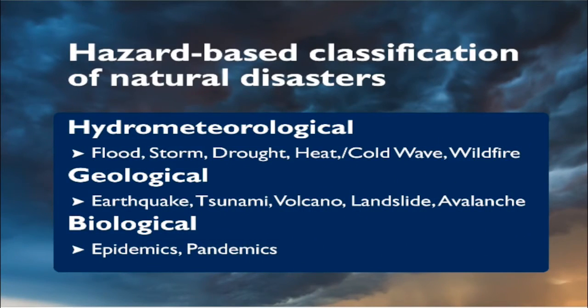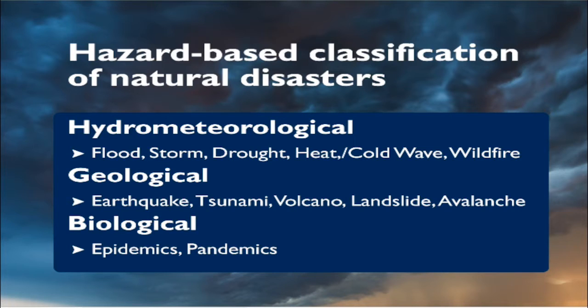So we can further subclassify natural disasters into three main categories: hydrometeorological, geological, and biological. The hydrometeorological are associated with weather. So we see floods, cyclones, storms, drought, hot and cold waves, and wildfires.